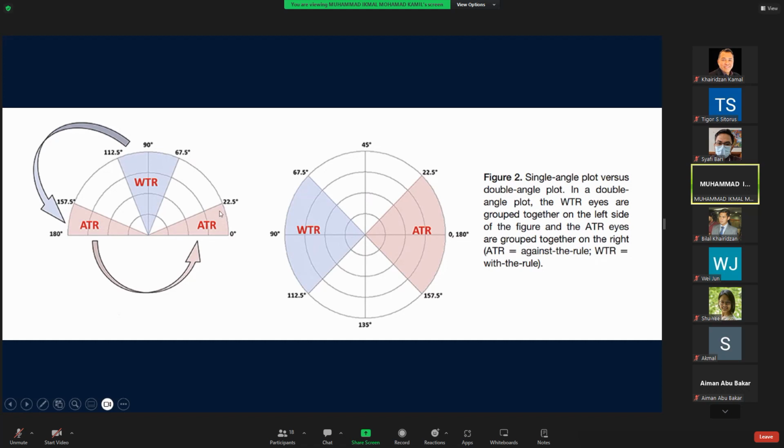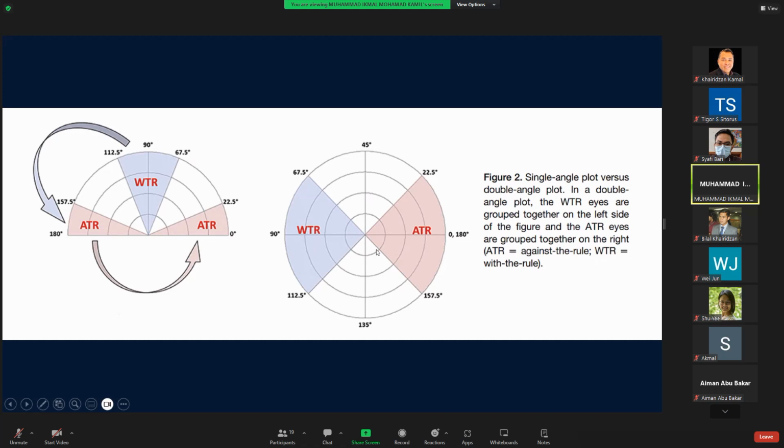However, the against the rule astigmatism is separated into two groups, so the analysis may not be very accurate compared to the double angle plot. In the double angle plot, with the rule astigmatism is analyzed within one group, and against the rule astigmatism is analyzed within one group here.